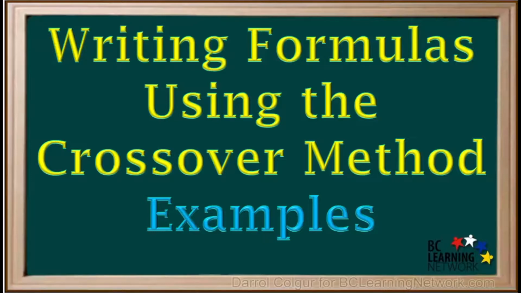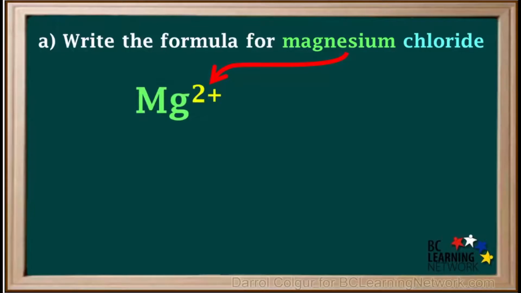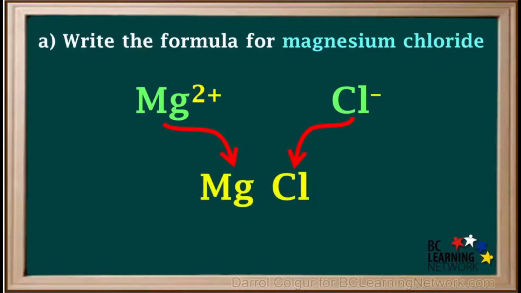The crossover method is a shortcut way of writing formulas for ionic compounds if you know the charges on the ions in the compound. We'll go over a few examples. In example A, we're asked to write the formula for magnesium chloride. Looking at magnesium on the ion table, or periodic table, we see it's Mg with a charge of 2+. And chloride is Cl with a charge of -1. We start the formula by writing down the symbols, Mg and Cl.